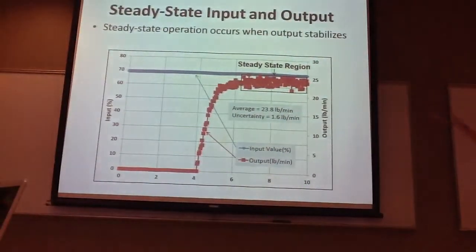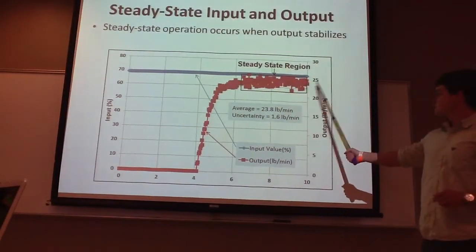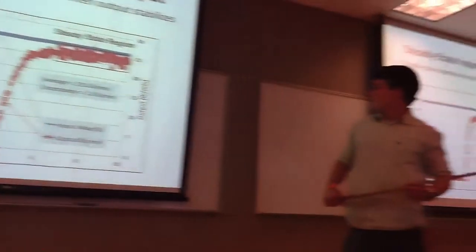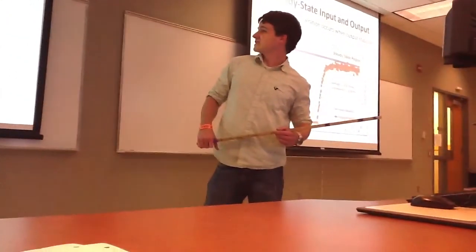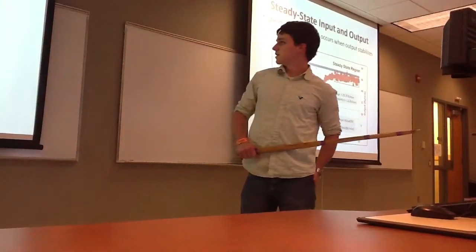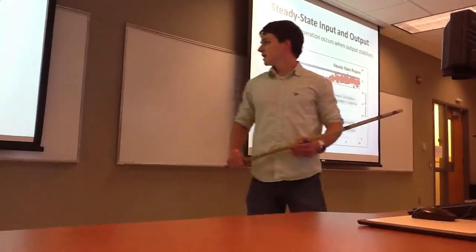This is an example step response where this was our steady-state operating curve. That would be for, looks like about somewhere in the middle range, or that's the lower range, I'm sorry.